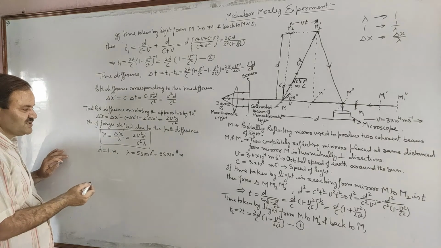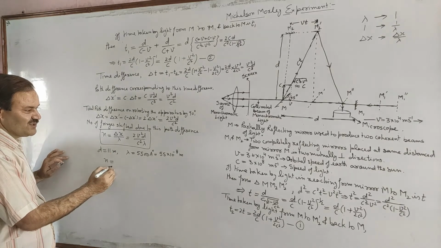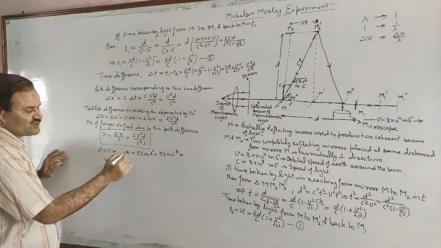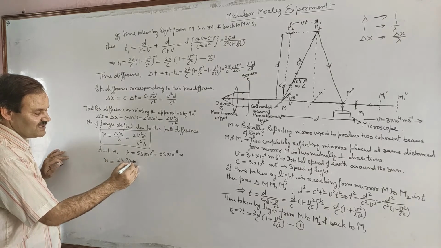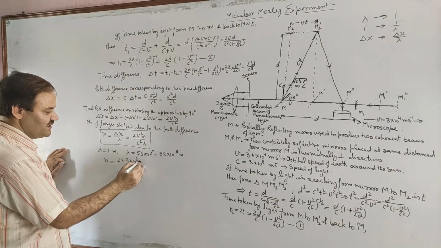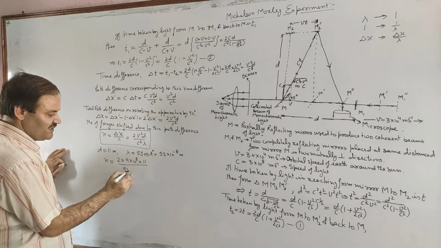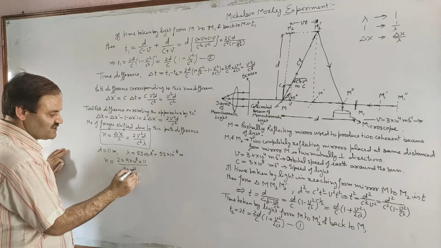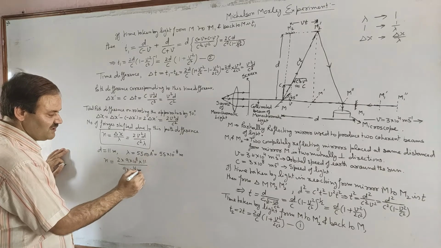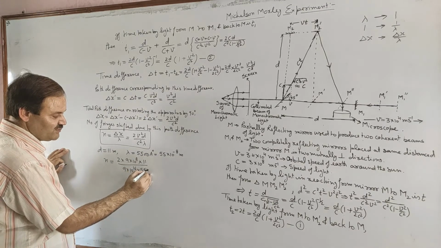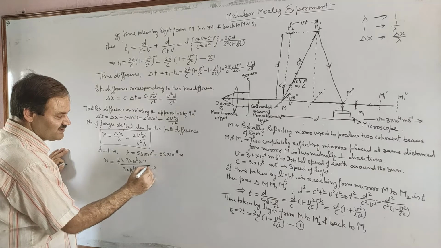Using these values we get n is equal to 2 v square, that is 9 into 10 to the power 8, d, that is 11, upon c square, 9 into 10 to the power 16, into lambda, 55 into 10 to the power minus 8.